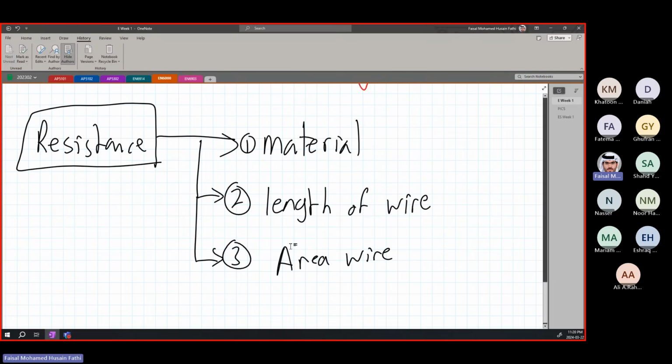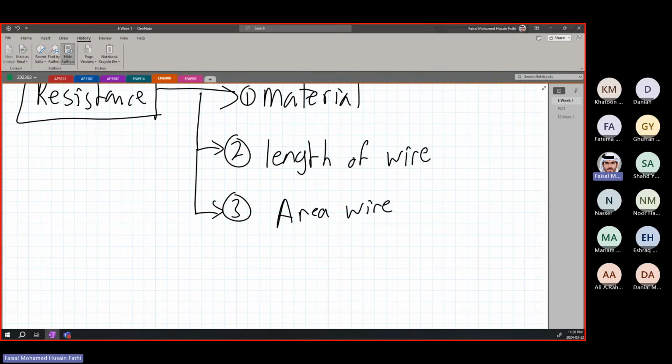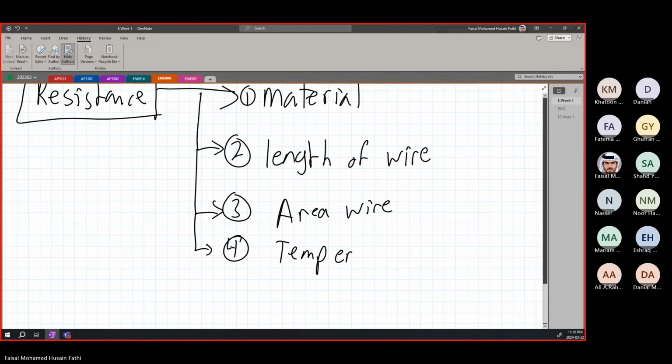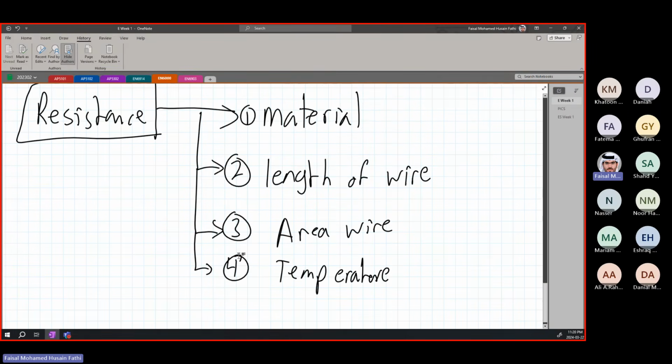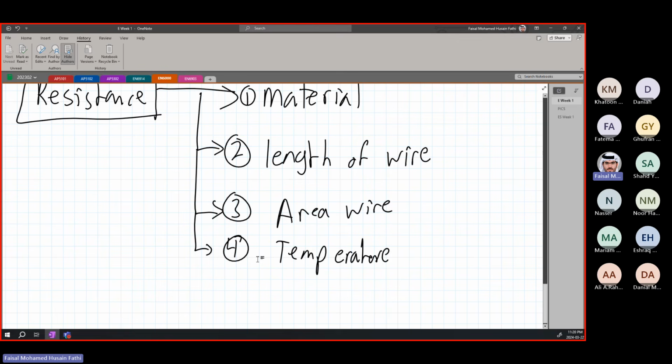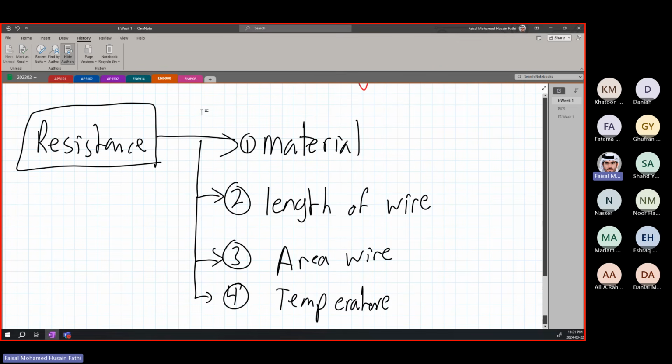So these are the three most important things that affect it. And then there's also one more point, which is temperature. All right. When it comes to any material, resistivity will always depend on these four most important concepts. At constant temperature most of the time, it will depend mainly on the material and how much of the material you have in terms of length or in terms of width.